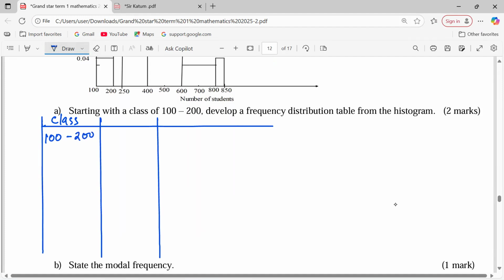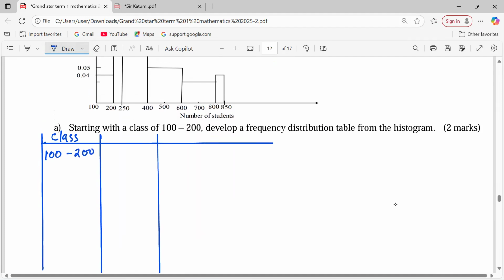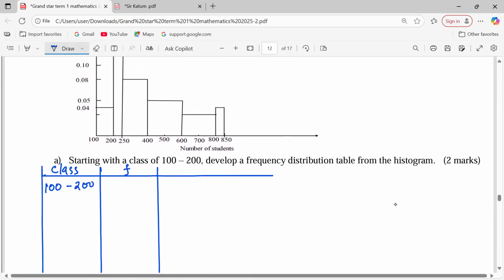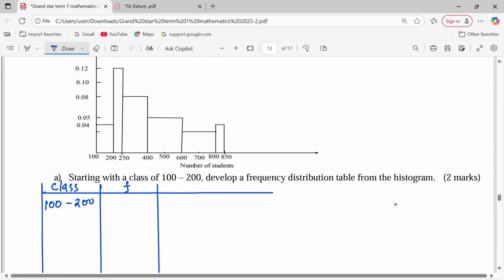That is the first class. Then what will be the respective frequency? We take the class length of 100 and multiply by 0.04. That gives us a frequency of 4.